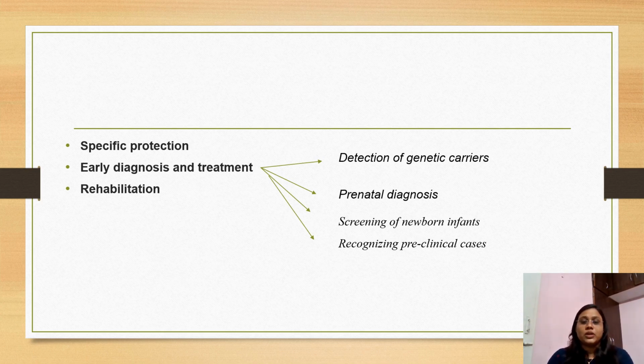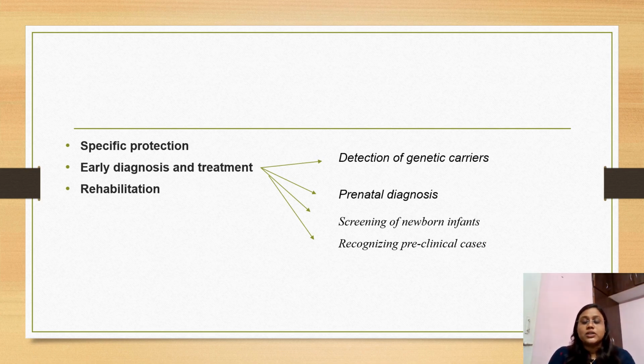For example, if a patient has phenylketonuria and we identify this condition early, then we can do dietary modification in that child. We can treat congenital dislocation of the hip early, and congenital hypothyroidism. In this way, we can identify preclinical cases early, treat them early, and prevent harm as much as possible.